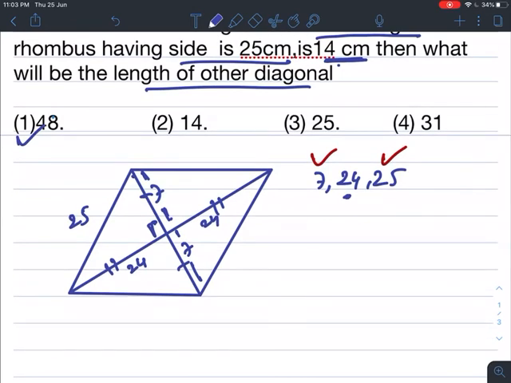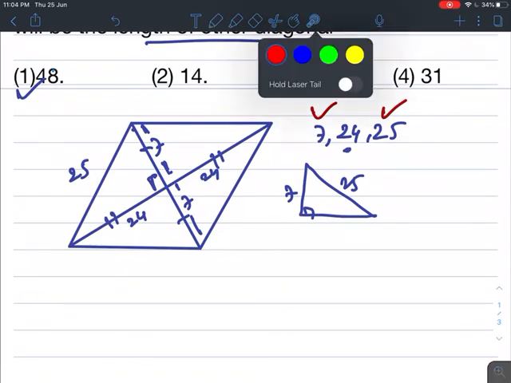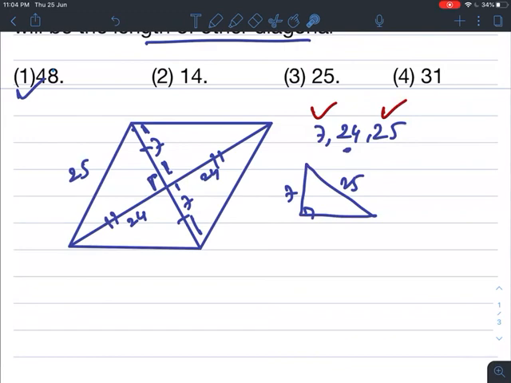But how is it? By Pythagoras theorem we will do it this way. Suppose it is a right angle triangle like this, so one side is 7, the length of the hypotenuse is 25, and we have to find this side, by the triplet or by Pythagoras.